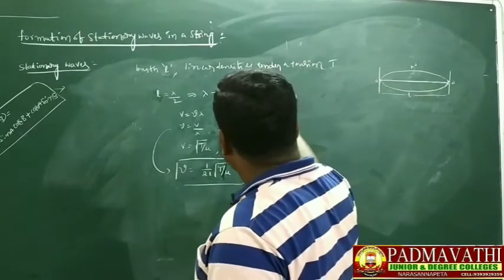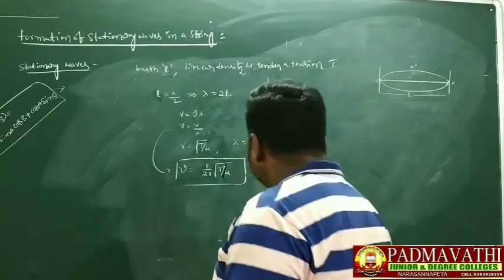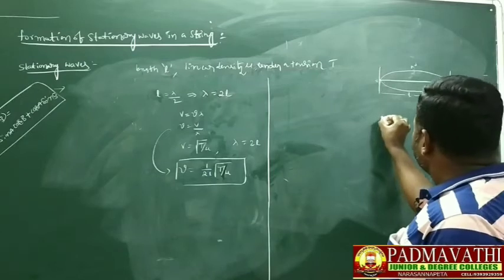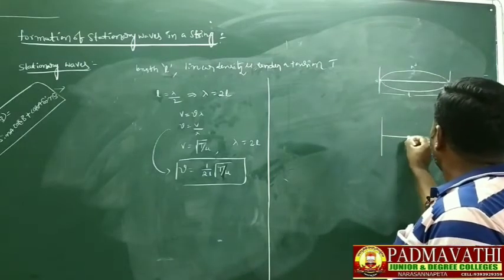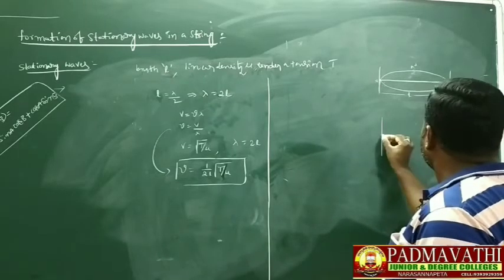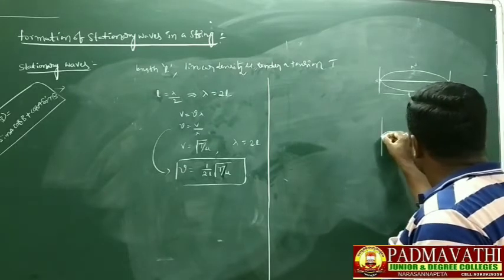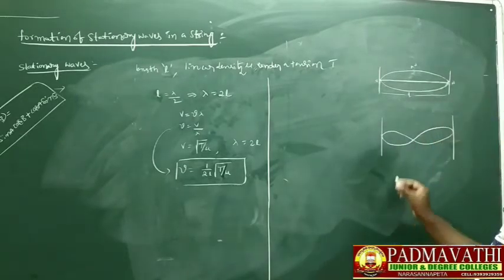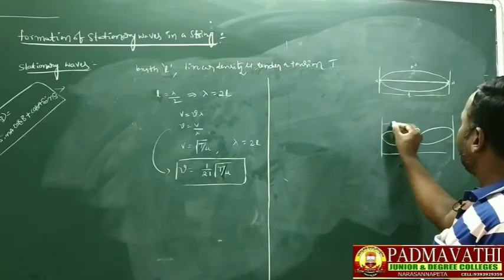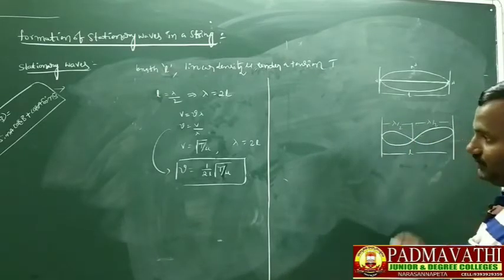Now the string is vibrated in two modes. So this is L, this is lambda by 2 and this is lambda by 2.